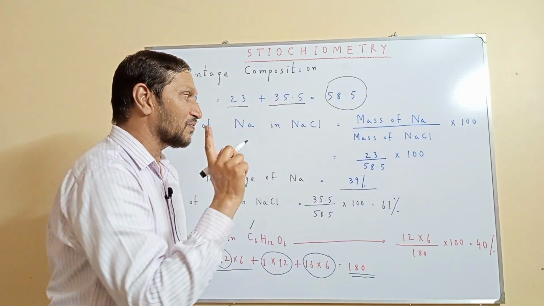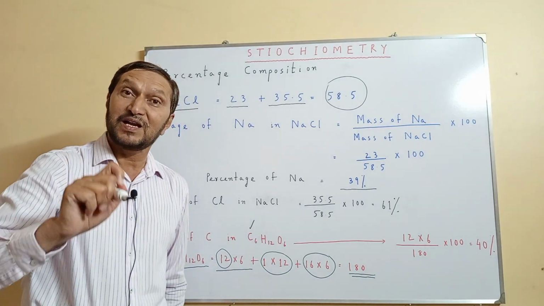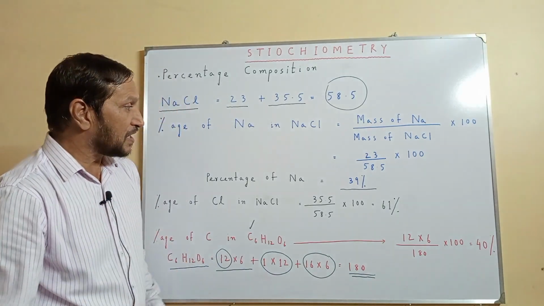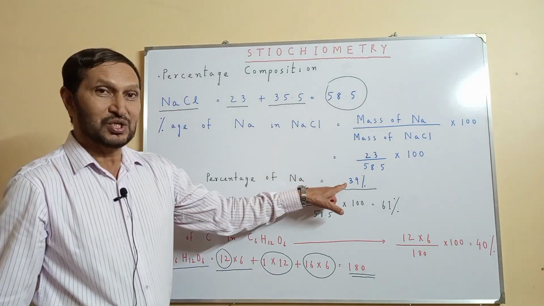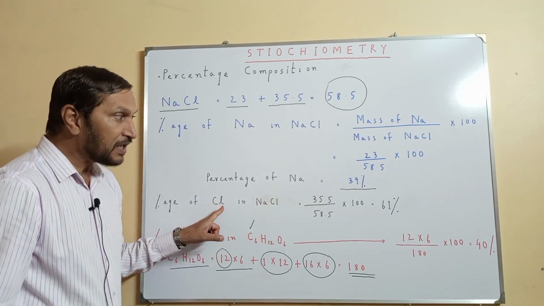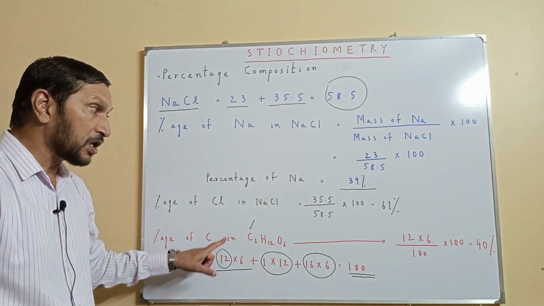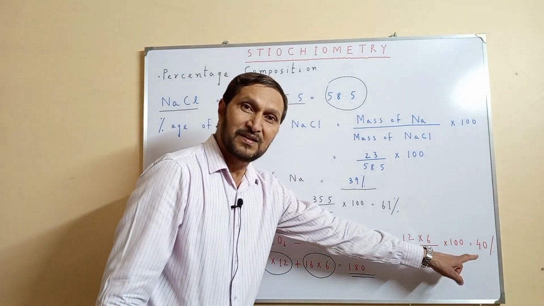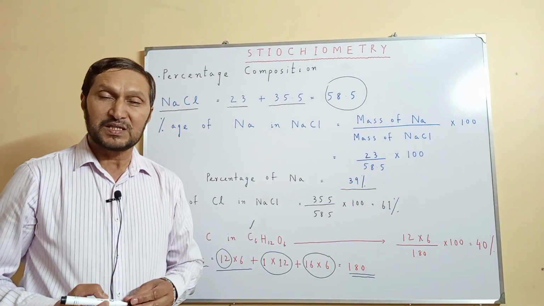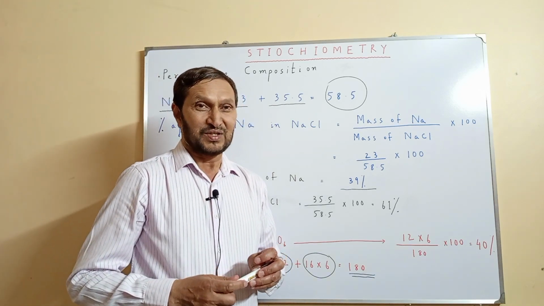In this way you will find the percentage of that element in that compound. For example, percentage of sodium in sodium chloride, percentage of chlorine in sodium chloride, and percentage of carbon in glucose. So this is about percentage composition. I hope you have understood my lecture.